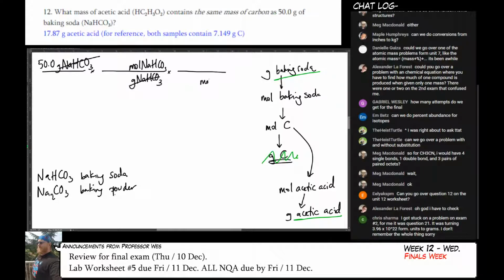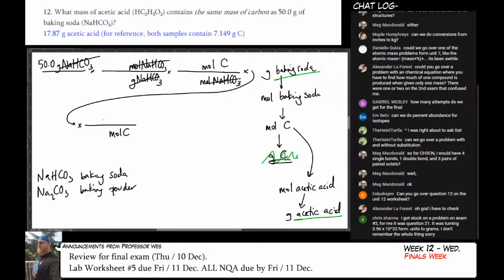Moles of baking soda. We'll turn that into moles of carbon. And then we're going to turn moles of carbon. This is the same amount of carbon that's in the baking soda.